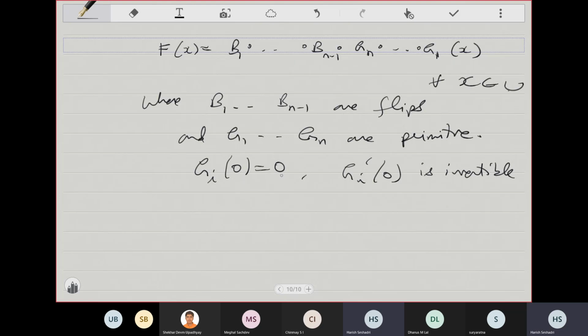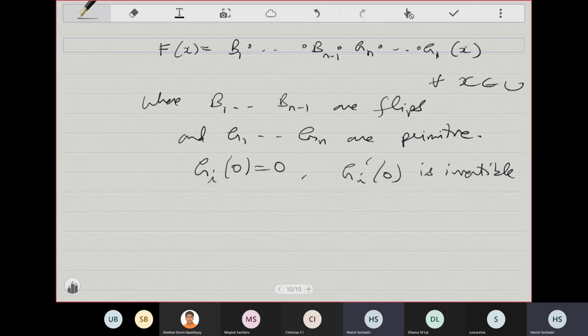Since Gi(0) is 0, when we apply the chain rule, we'll get Gn prime at 0, Gn minus 1 prime at 0, etc. Since f prime is a product of these various linear transformations, each one will have to be invertible.